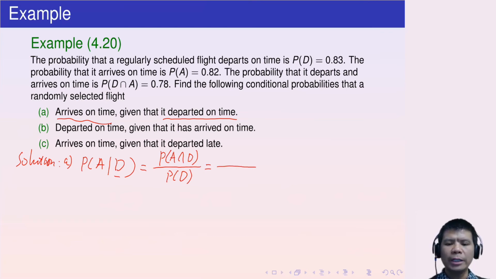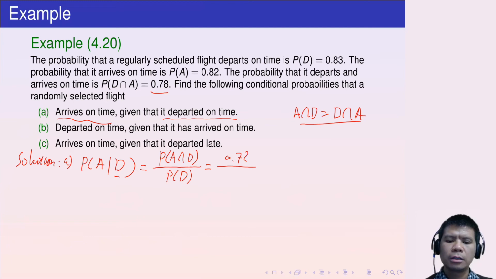So then this one equals what? On the top, A intersect D equals D intersect A. So they are basically the same event, okay? They are both what? It departs and arrives on time. So that is 0.78. This one, D, is 0.83. So it's 78 over 83.